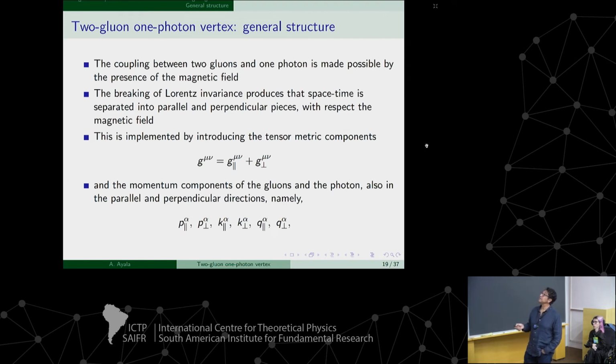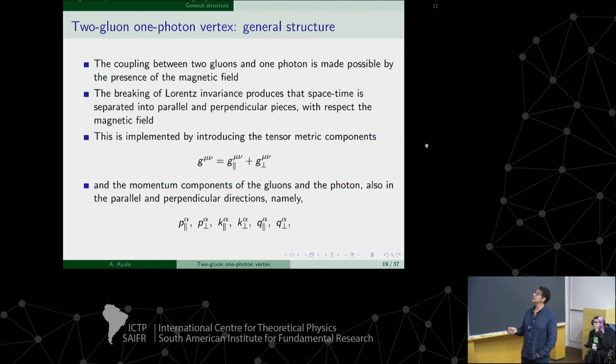So the idea is then let's just stick to one flavor. What is the general structure of this vertex? In the presence of a magnetic field, the breaking of Lorentz invariance separates space-time into parallel and perpendicular components. So this is the metric here.